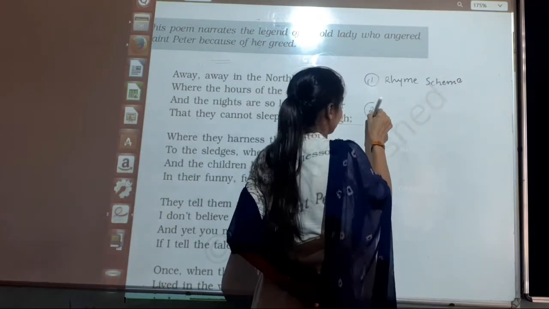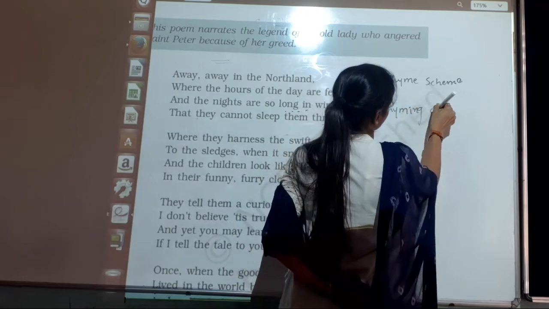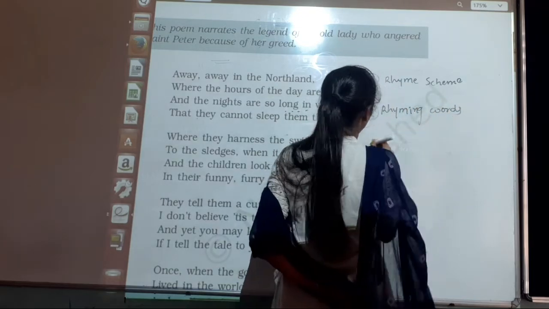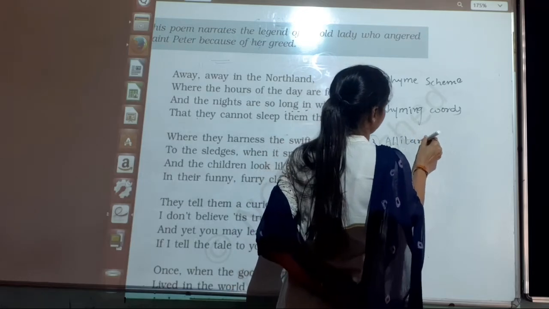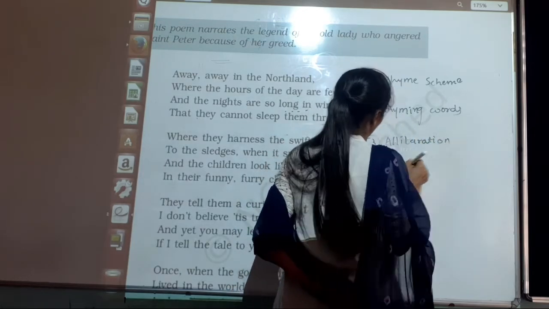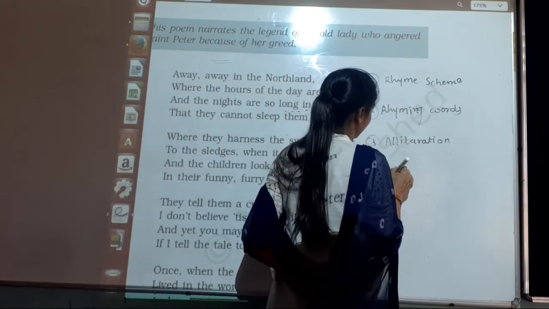Second point, the rhyming words. Third point, the example of alliteration. Fourth point, the example of simile.